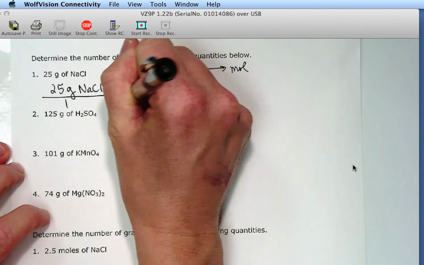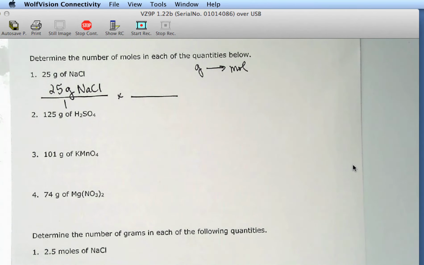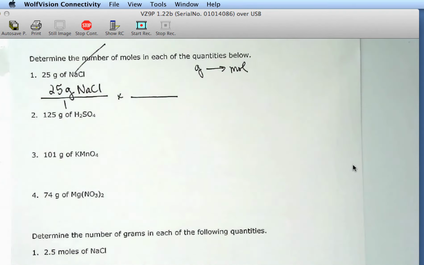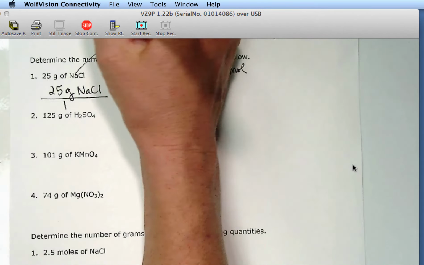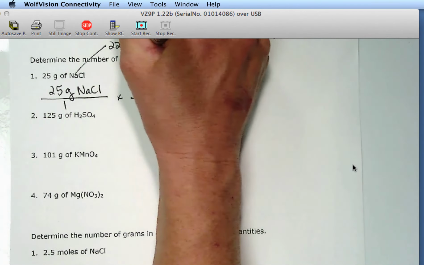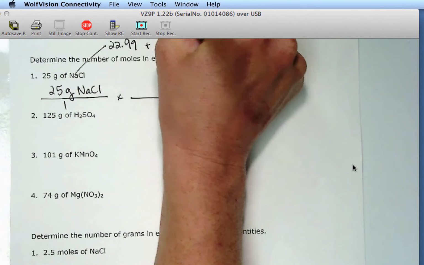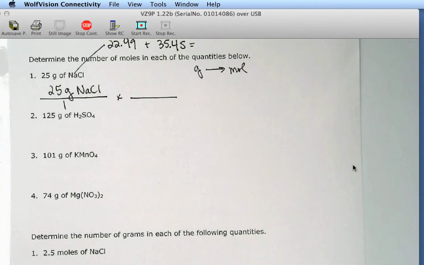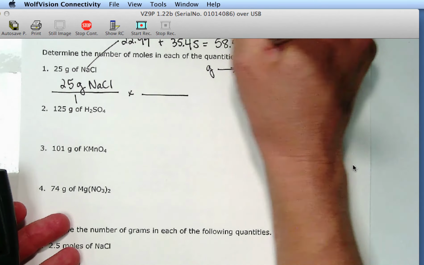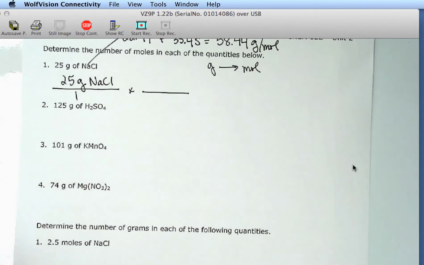In order to get moles from this, what do I need to look up for sodium chloride? The molar mass. You have sodium at 22.99 and chlorine at 35.45. So I get you 58.44 grams per mole.